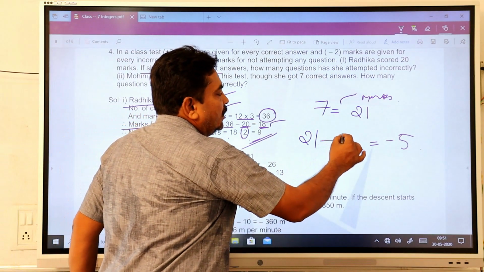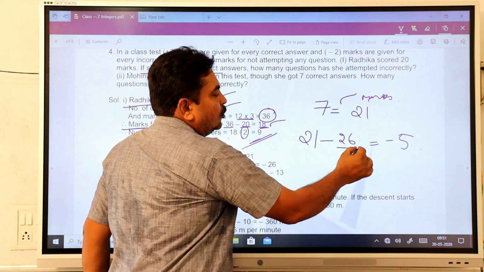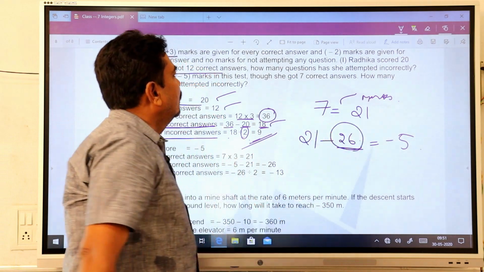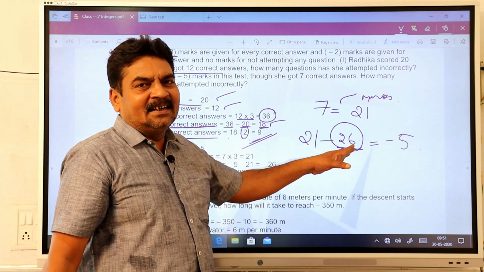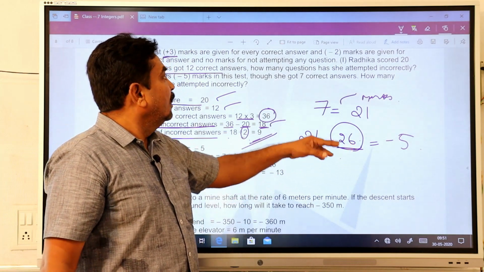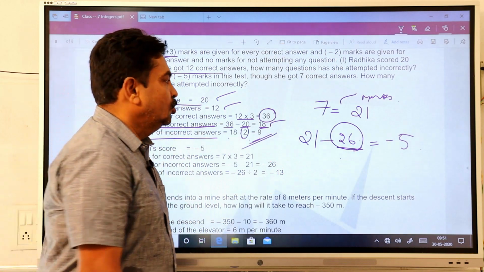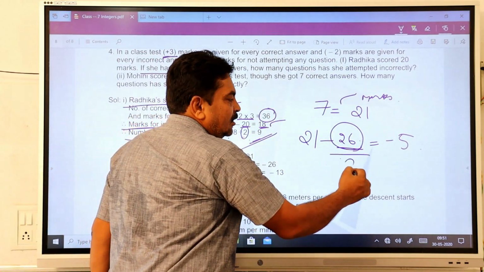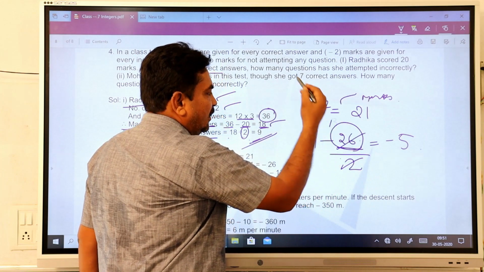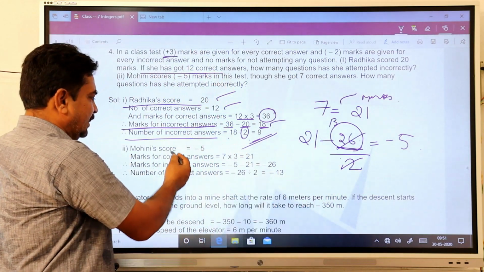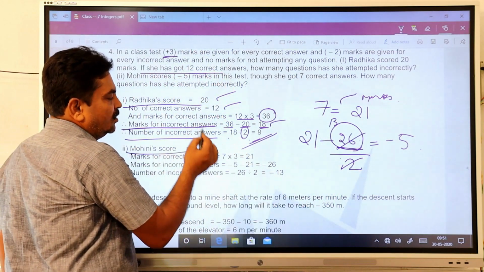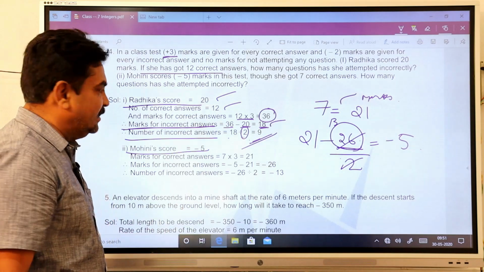Now these 26 marks are the difference, due to wrong answers, each minus 2. So you divide this 26 by 2, it becomes 13.